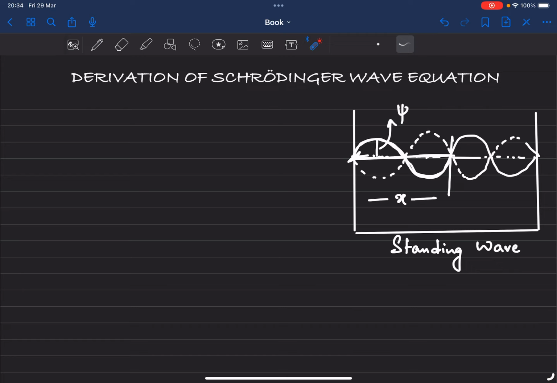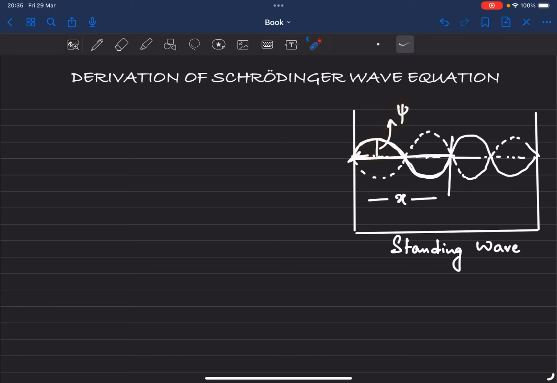We have discussed this in our previous lecture, where psi refers to the amplitude of the electron wave. The maximum displacement of the wave from the mean position is what is referred to as amplitude for any particular wave. But especially in the case of an electron wave, we refer to this amplitude as psi, which is also known as the wave function.